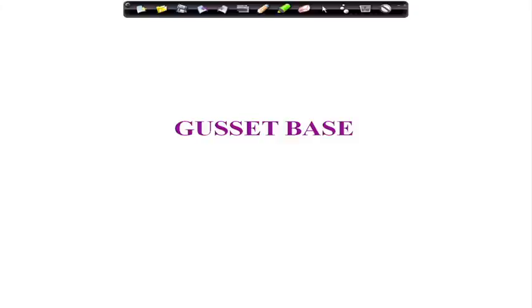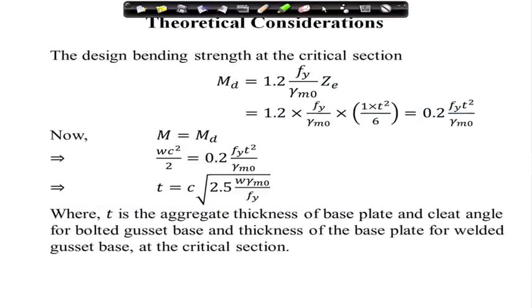Now, we will go through one example, and then it will be clear how to design a gusset base. Before going to the example, I will quickly go through the same things I have discussed, through this PowerPoint, to summarize.